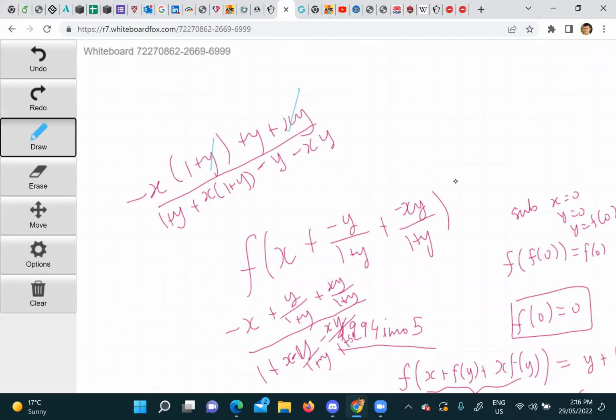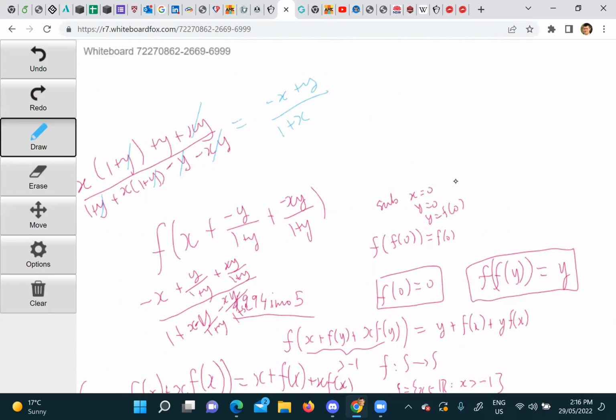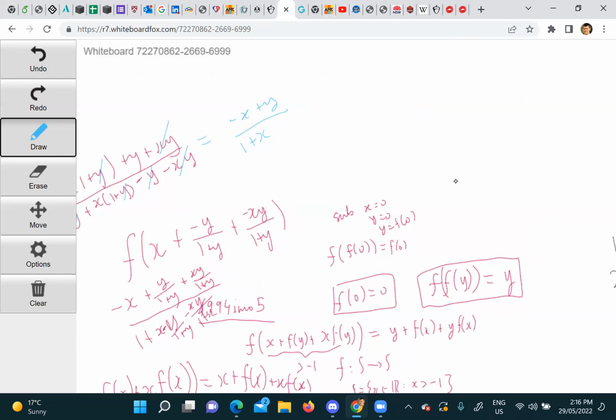Oh, it's negative. This is amazing. 1 plus x. Is that right? I think so. And the other side is y minus x on 1 plus x minus xy.